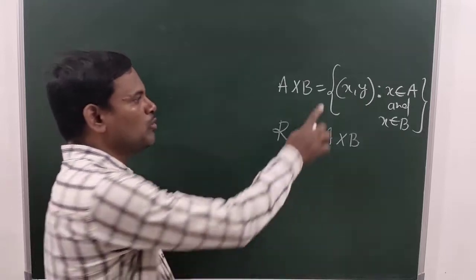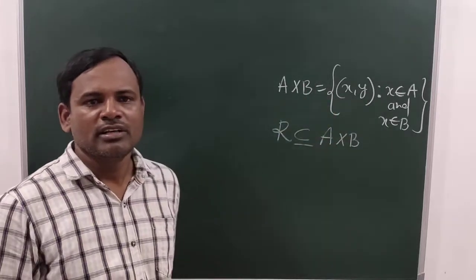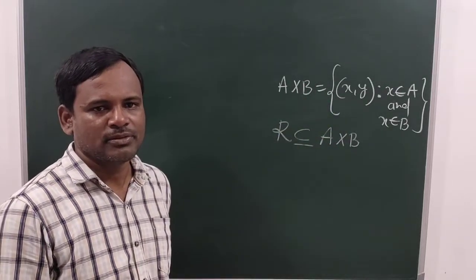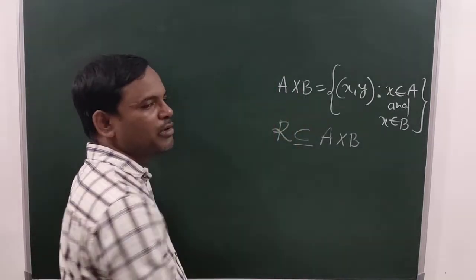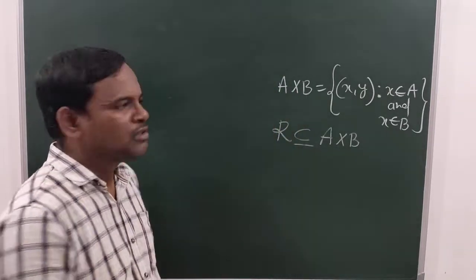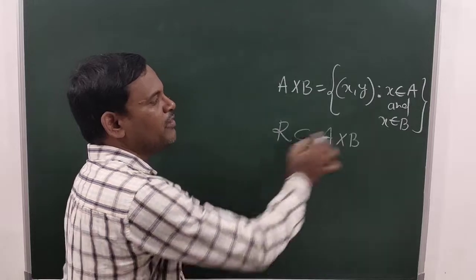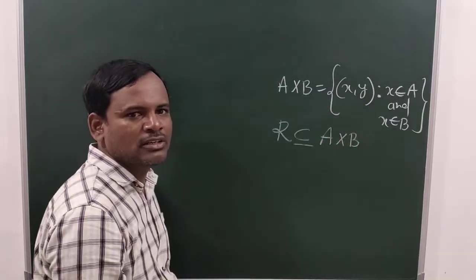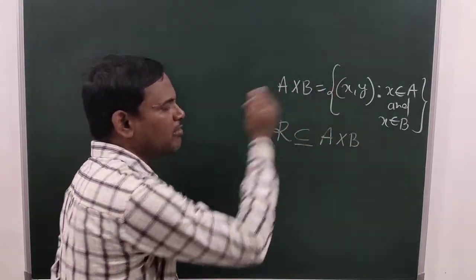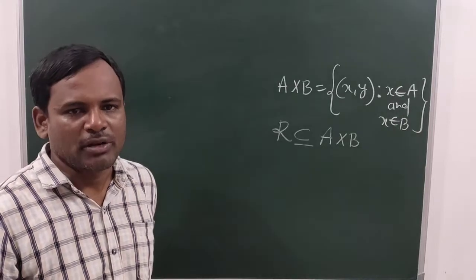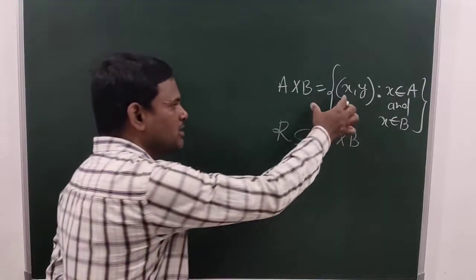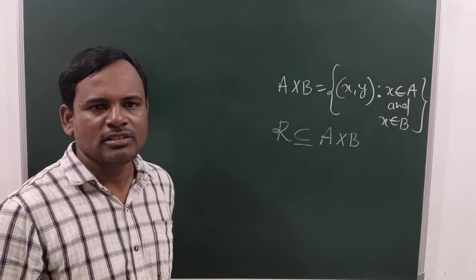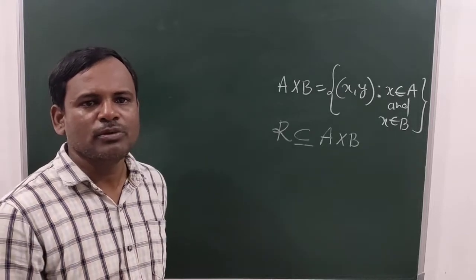You know how to find subsets of the given set. Here in A cross B, A and B are two non-empty sets, so A cross B will be defined like this. It may have some elements. If it contains n elements, then how many subsets are possible?